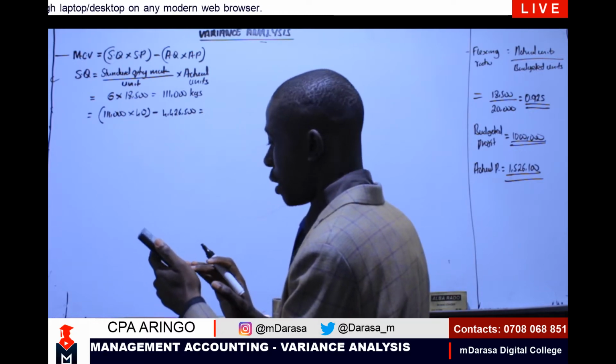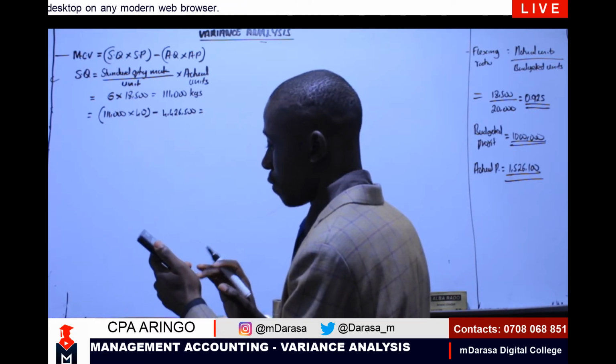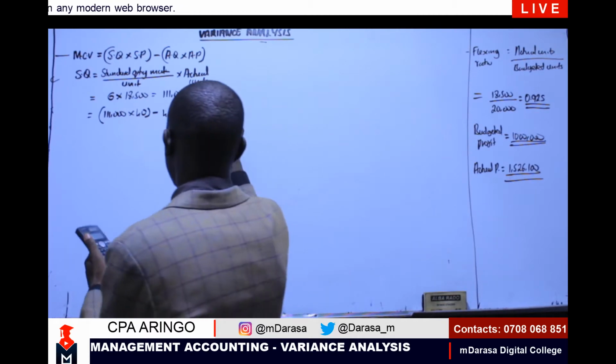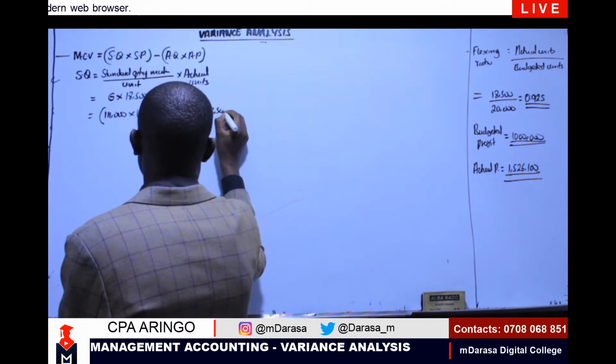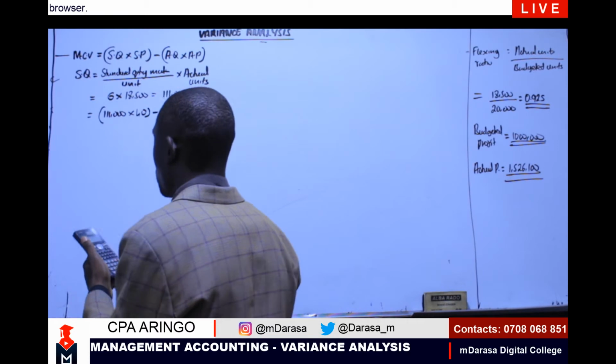We less 4,426,500 to give us a variance of 13,500. The question is, is it adverse or favorable?